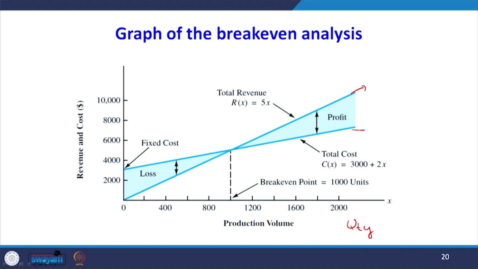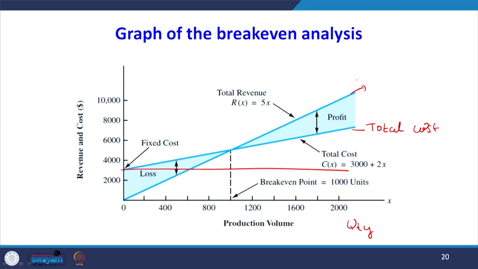What is the fixed cost? Fixed cost will be like this. But this line is your total cost. This is your total revenue. So, when you subtract total revenue minus total cost, you will get a profit function.